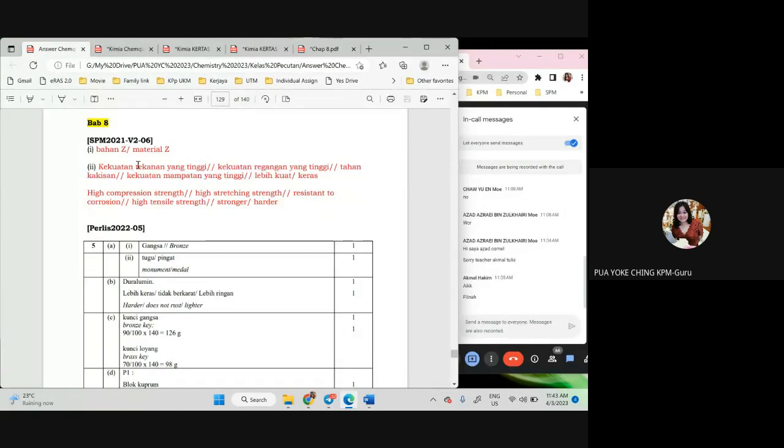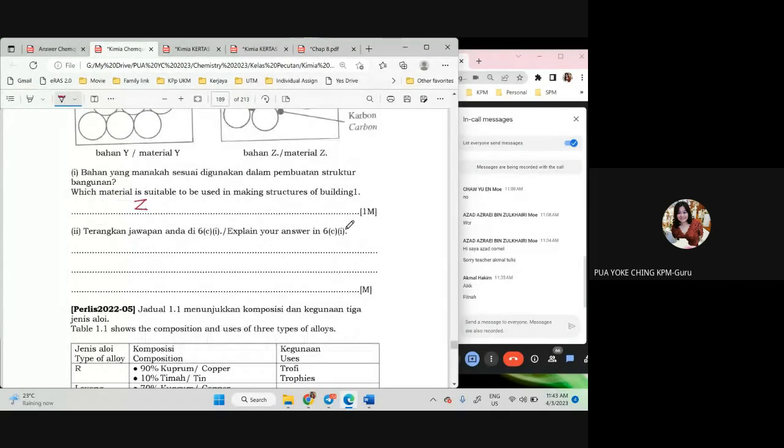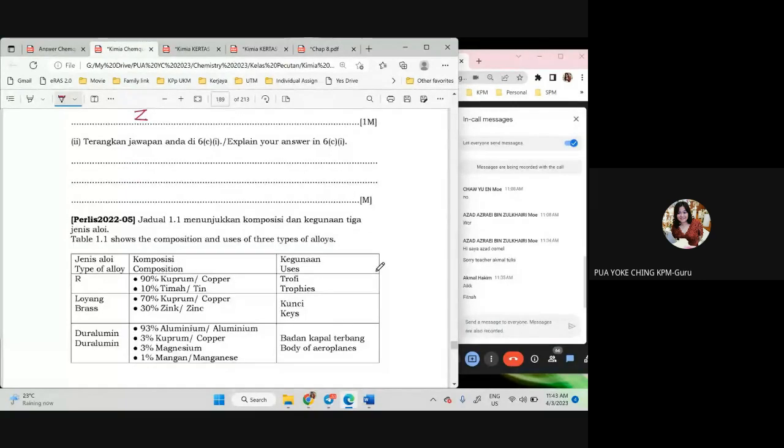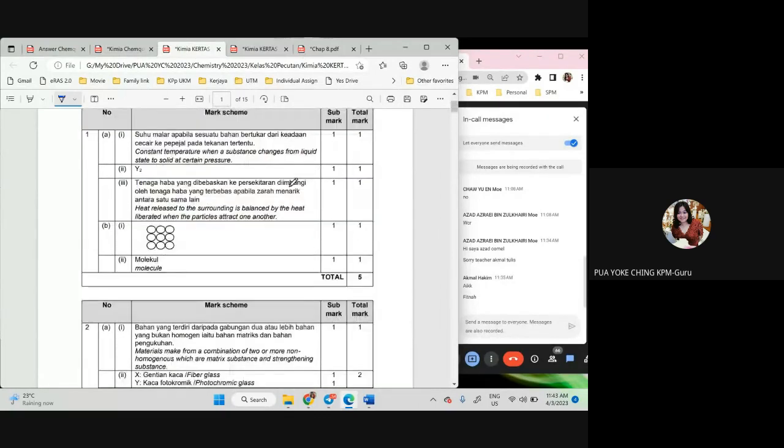Kekuatan tekanan yang tinggi, kekuatan regangan yang tinggi, high compression strength, high tensile strength, resistance to corrosion. Okay? Sebab soalan dia tanya explain your answer in 6V1. 1 mark saja kalau saya tak silap. Okay? Only 1 mark. Tapi dia bagi terlalu banyak. Okay? 1 mark only.